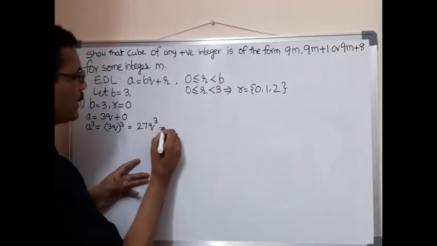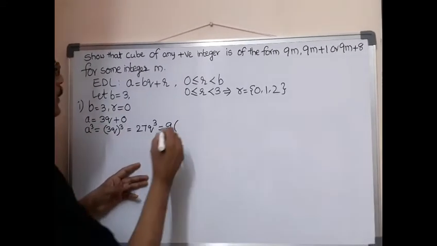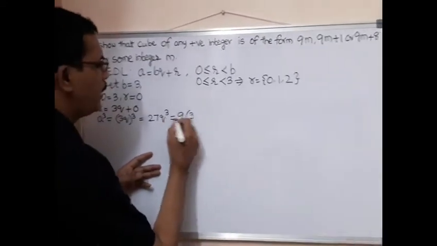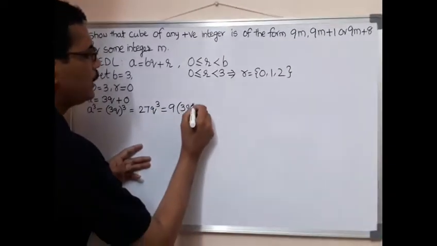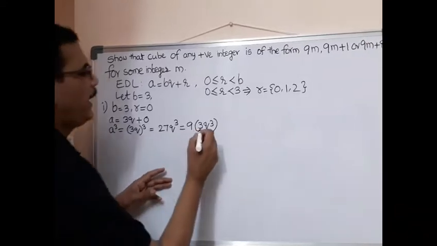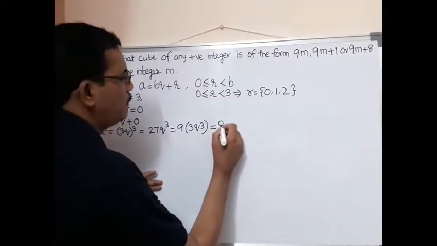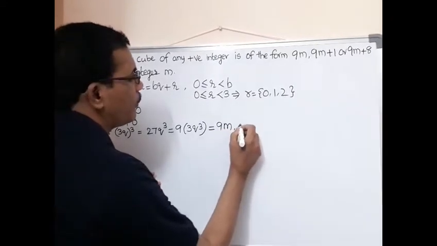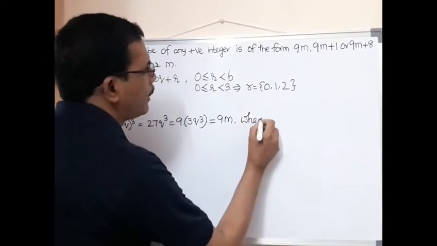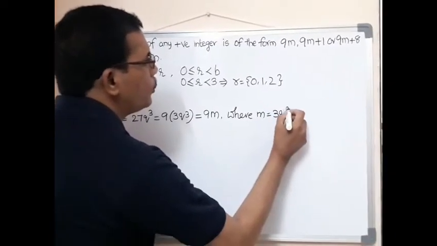So for that I am taking 9 common. 9 3s are 27, so 3q cube. I am taking this 3q cube as m. So then it will become 9m, where m is equal to 3q cube.